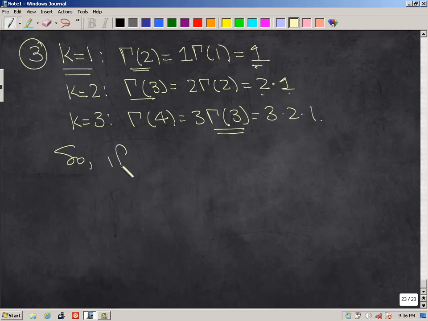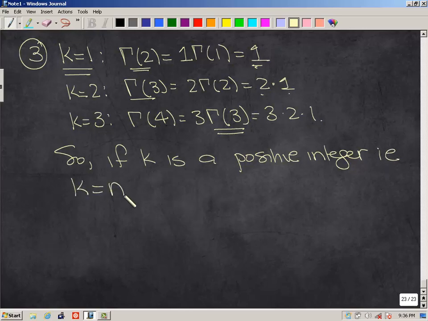if k is a positive integer, that is k is equal to some n, just a positive integer, then what do we get from up here if you use that logic? What is gamma of n plus 1? Gamma of 2, we got 1.